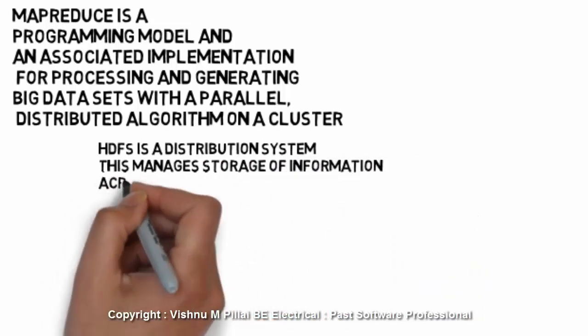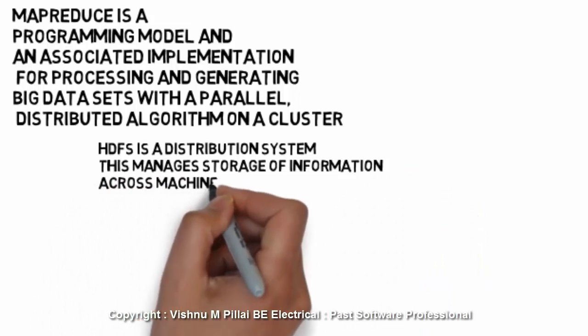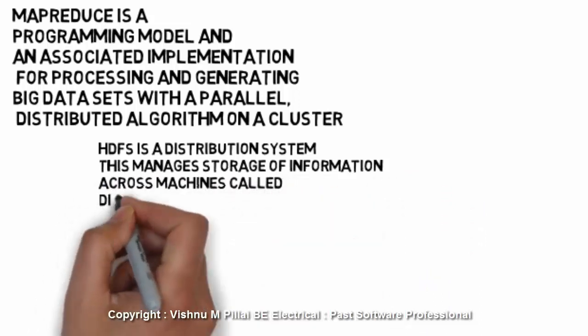So this is how we define what MapReduce is all about. MapReduce is something which analyzes the data, and it has two parts: it will map and then it will reduce.